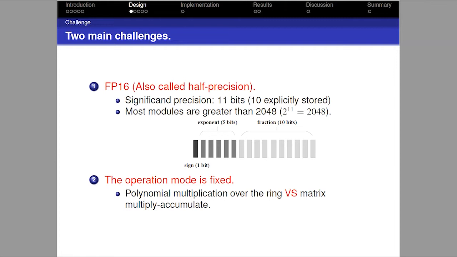Only integers between 0 and 2048 can be exactly represented by half precision, while most moduli are larger than 2048. Secondly, the operation mode is fixed and no fine-grained control is provided.